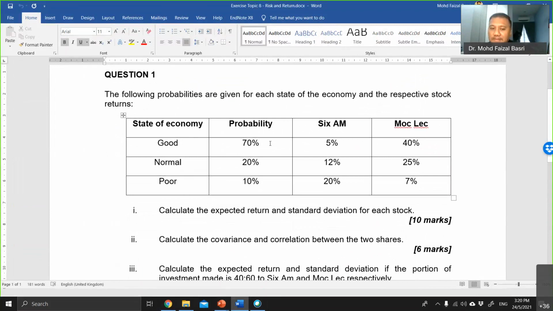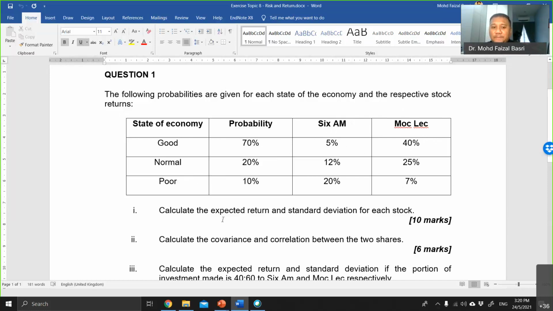We have three probabilities, and we have two stocks. In this case, they don't label A and B, they have names for it. We have two stocks here, 6AM and Motlak, with different returns for different states of economies. So this is your starting point.